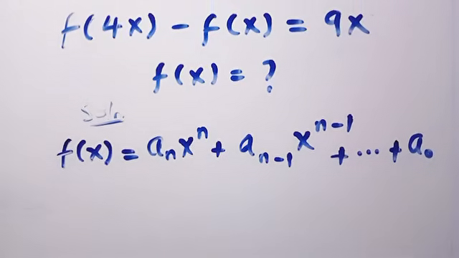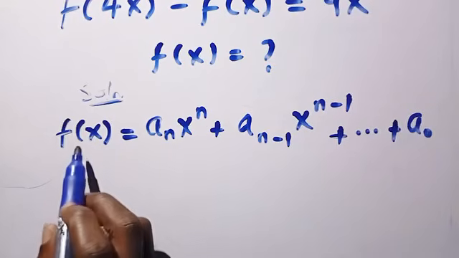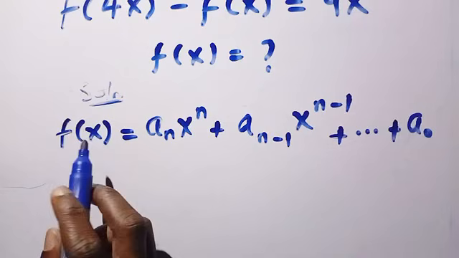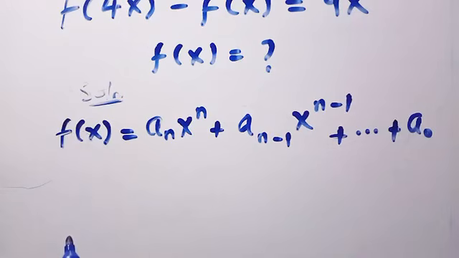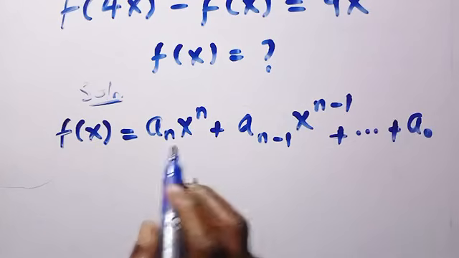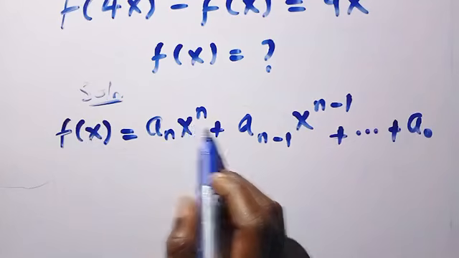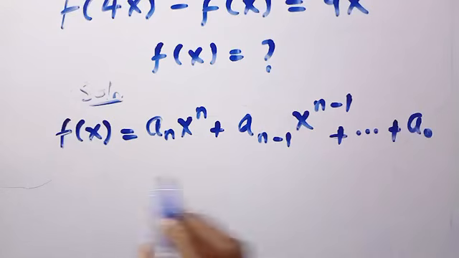After having this, we're now going to plug in the values that we need. From one of these, we have f of x already, but we also need f of 4x. If this x changes to another thing, it will also reflect in all of this.